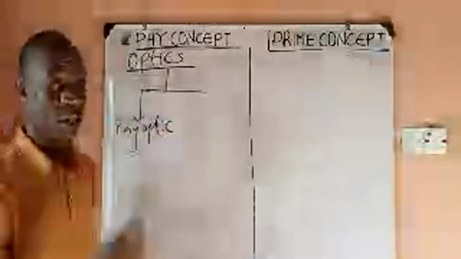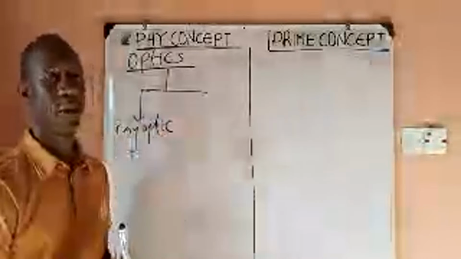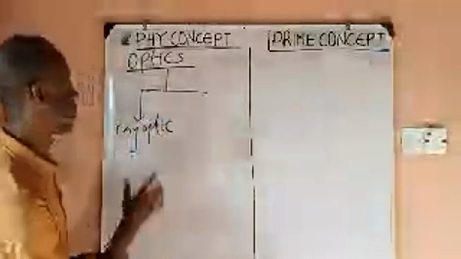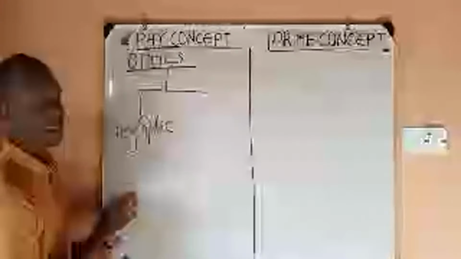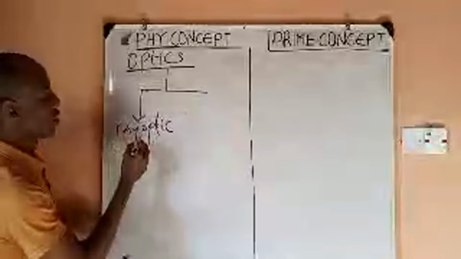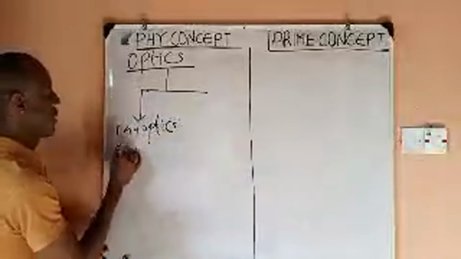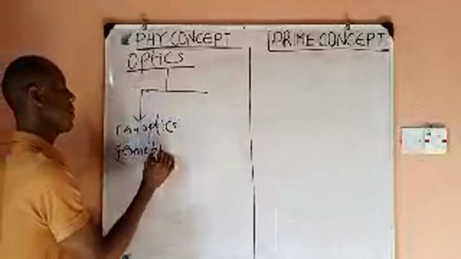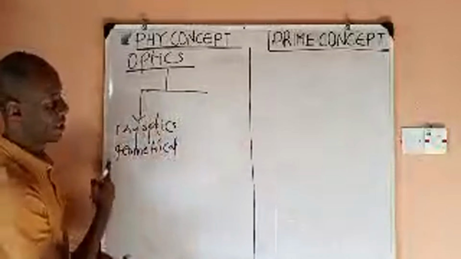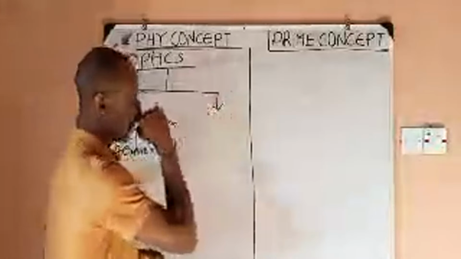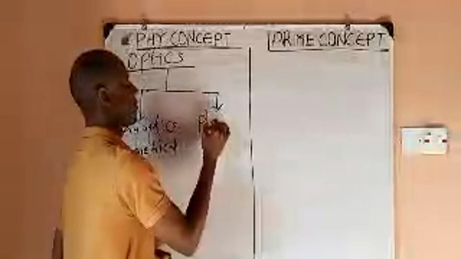The exam can ask you which of the following is not a type of optics, so they can frame it in a different way. So number one is ray optics, which you can also call geometrical optics. Then number two type of optics we have is what we know as physical optics.